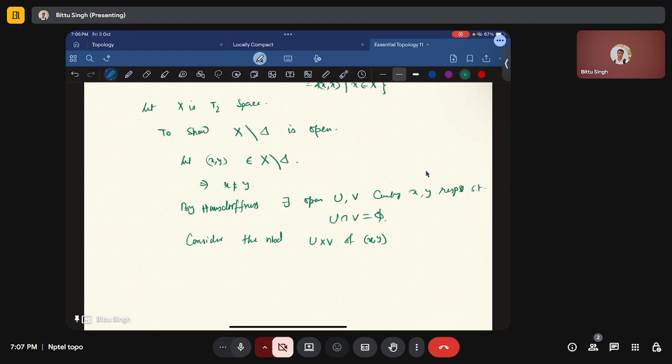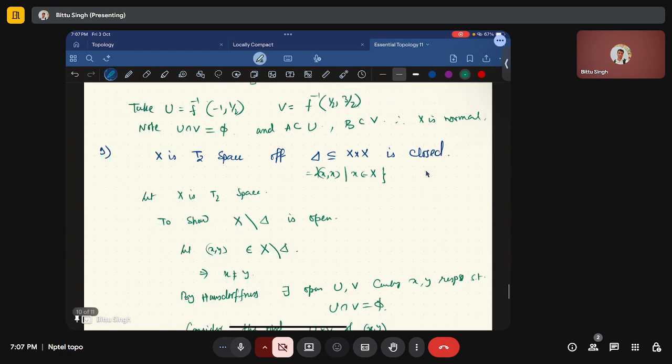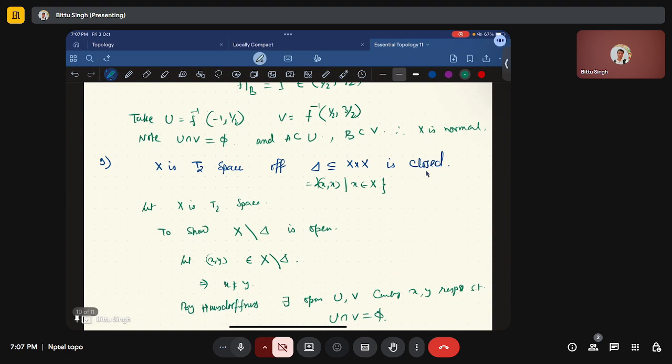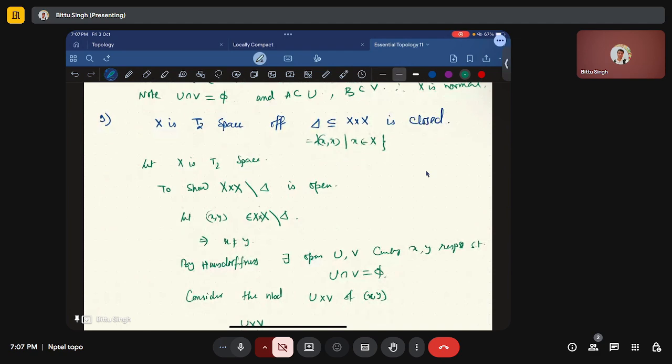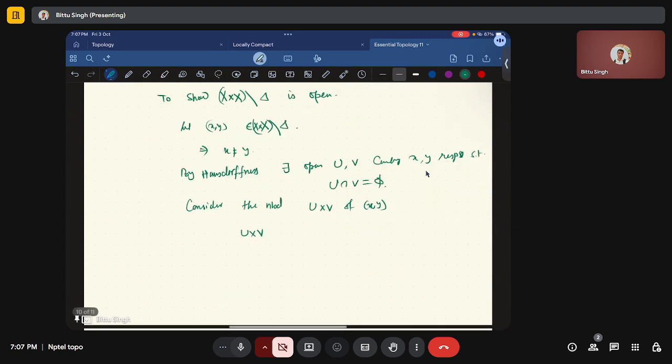The claim is that U cross V, sorry, the diagonal is not a subspace of X, this is actually a subspace of X cross X. Then U cross V entirely lies in X cross X minus the diagonal. Why? Because there is no element which looks like (a, a).